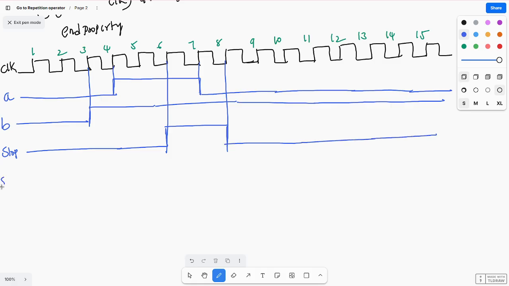And next, start: initially it is 0, and it becomes 1 at the second cycle, and again at the fourth cycle it becomes 0, and again it will be 0 only.